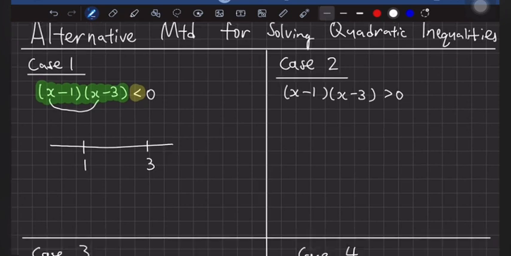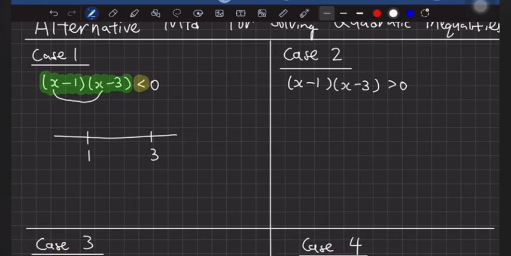So what do we do? There are 3 regions here, 1, 2, 3. We will substitute a point from these 3 regions into this quadratic expression to know whether it gives us a positive or negative value.